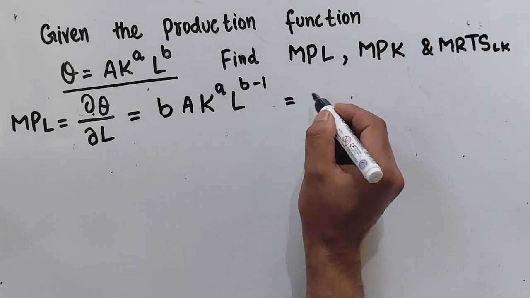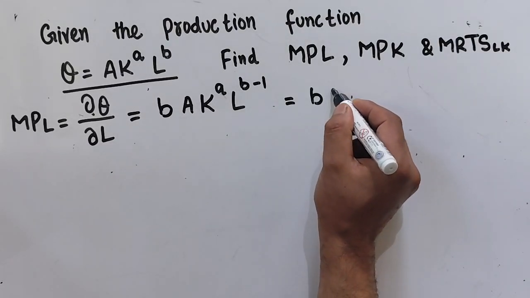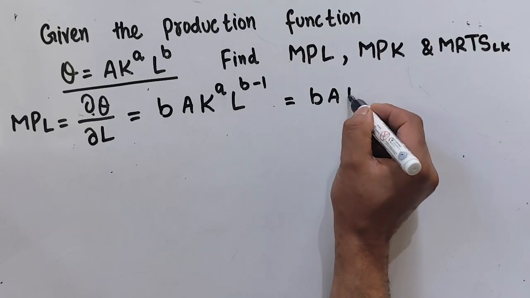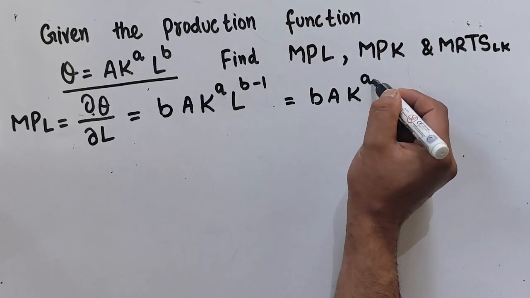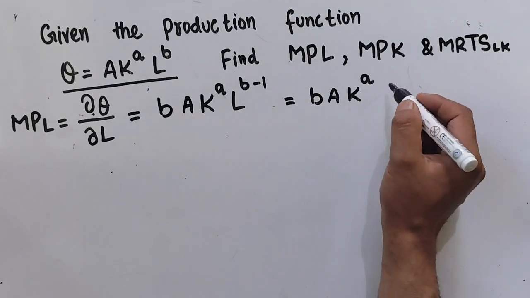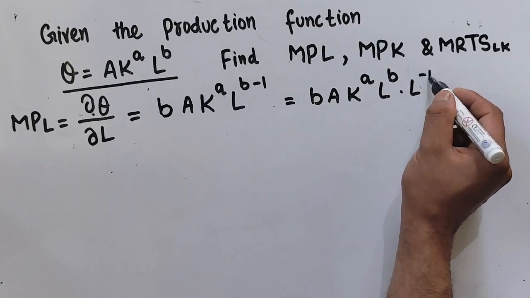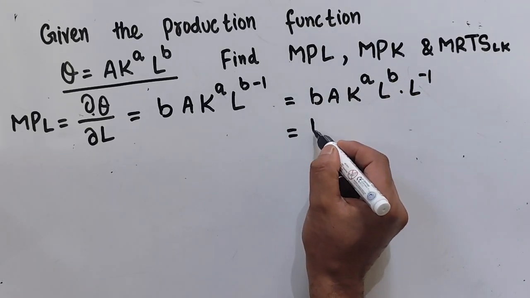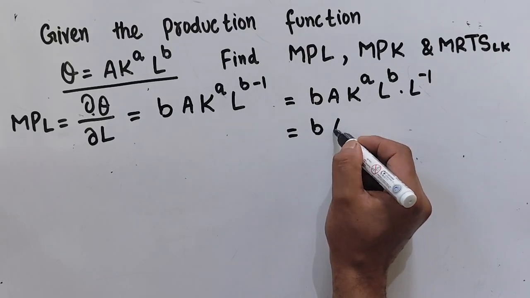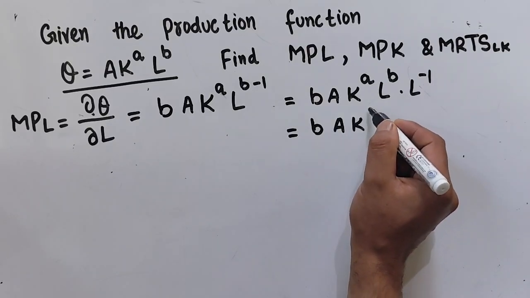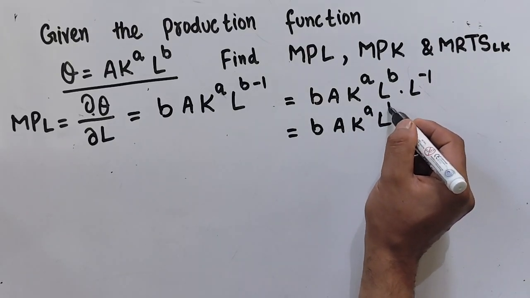If I rewrite it, I can write it like this: b, A, K to the power a, L to the power b times L to the power minus 1. Which will become b, A, K to the power a, L to the power b.